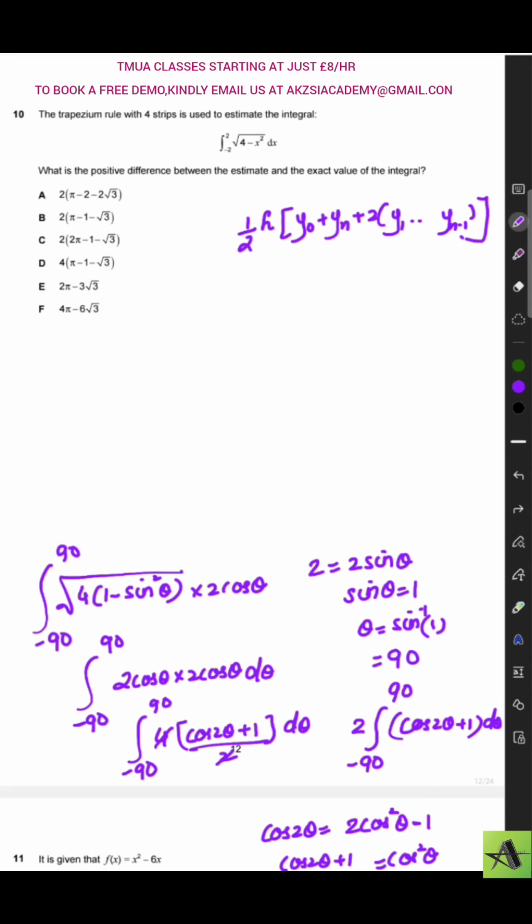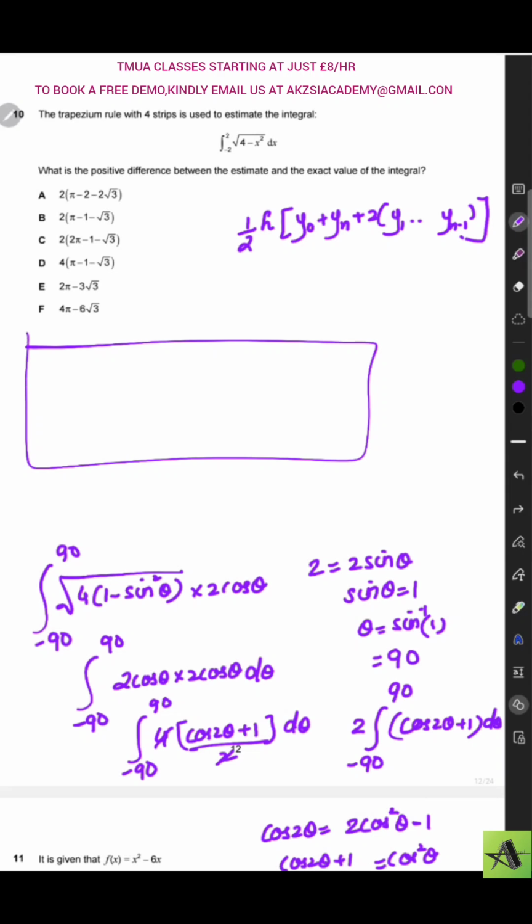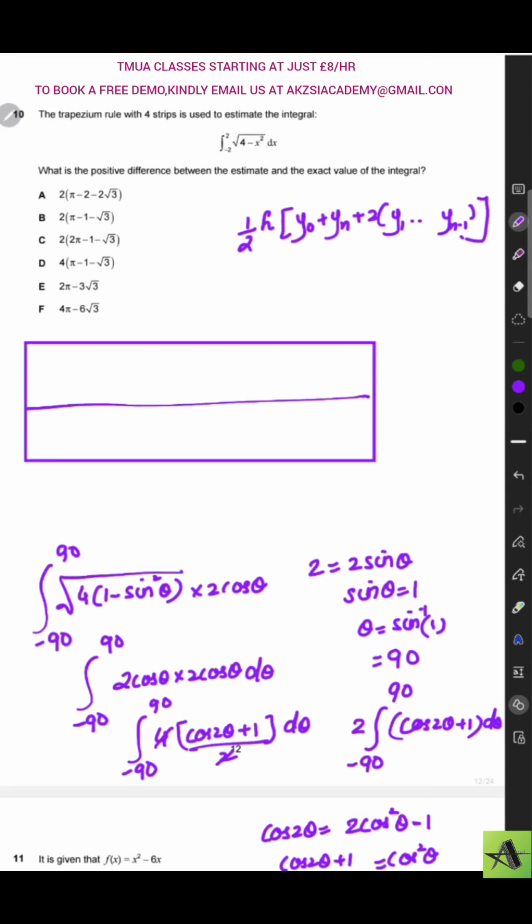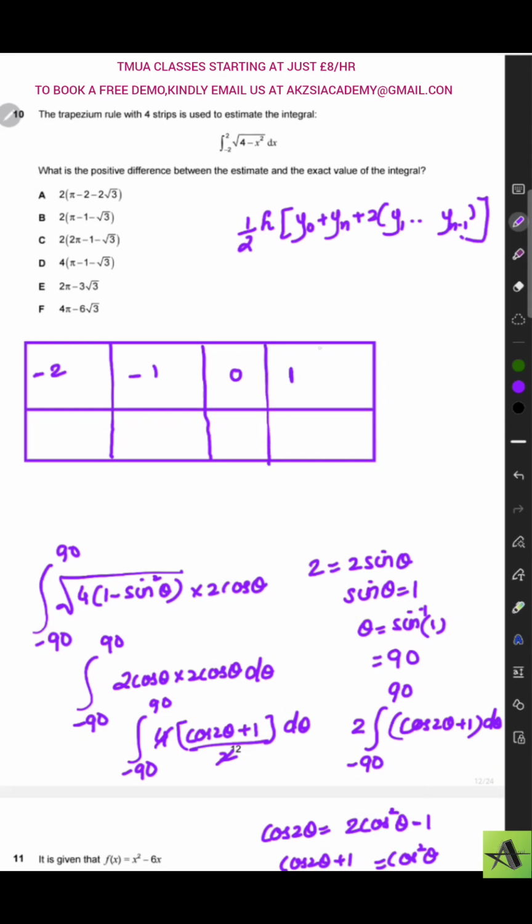That's the width basically. So I'll make a table. It's -2, -1, 0, 1, and 2. And let me put the values one by one.